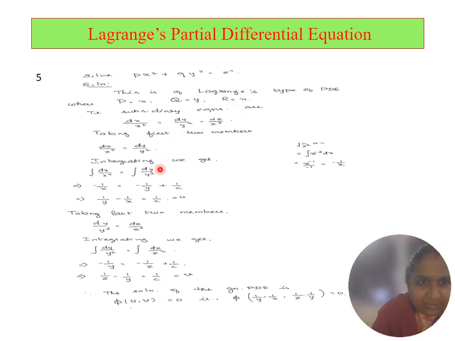So if you integrate dx by x square equal to dy by y square, how do you integrate? Minus 1 by x equals minus 1 by y plus c1, automatically 1 by c1. So if you manipulate it, you get 1 by y minus 1 by x.